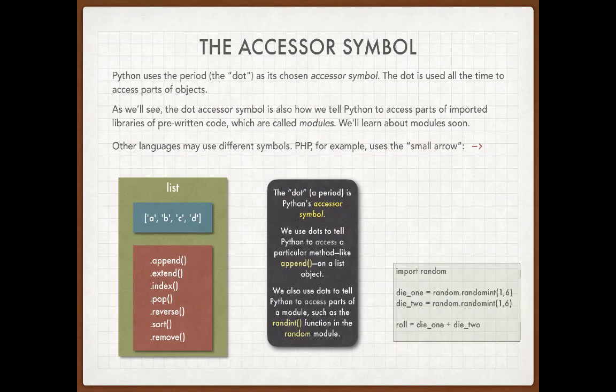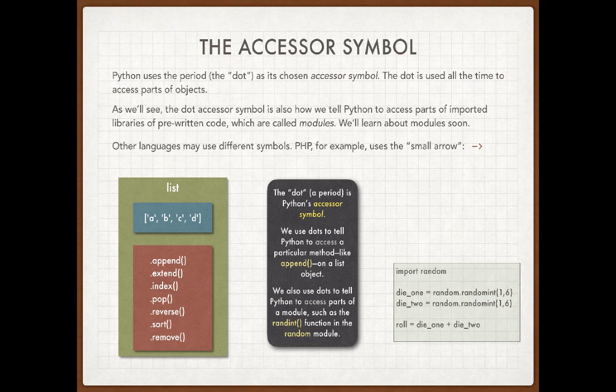All right. You all have already noticed that the dot is a really crucial part of how I call or access these methods. The dot is called the accessor symbol, and it's used all the time in Python, and we're going to see in the future more ways in which Python uses it. Those of you who've worked in an object-oriented language have seen this a ton.